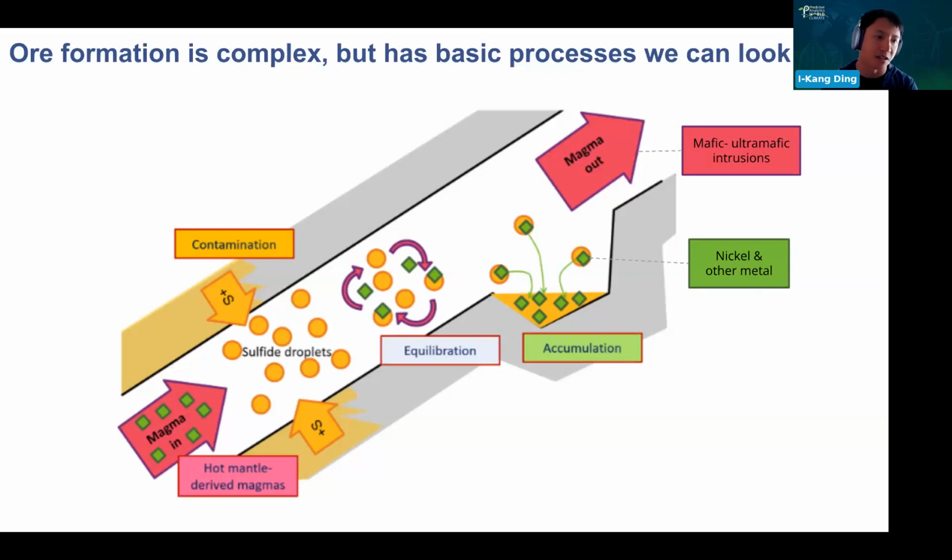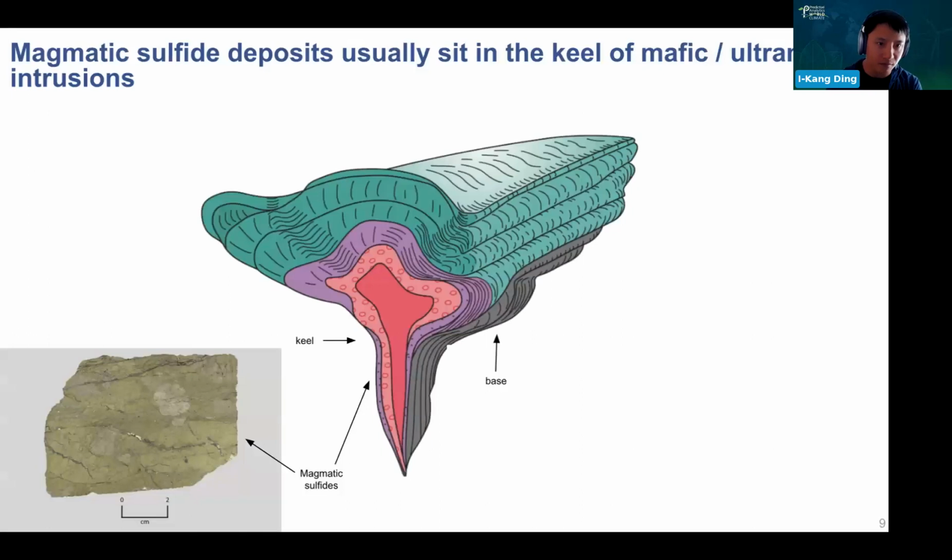Sulfur, when dissolved in magma, is very good at forming immiscible melts and scavenging these transition metals out of the magma, enriching the concentration of these metals, sometimes by a factor of 100 or 1,000. And eventually the magma can go out and show at the surface. Here's what a magmatic sulfide ore body might look like spatially. The ore bodies are typically hosted in the mafic and ultramafic intrusions.